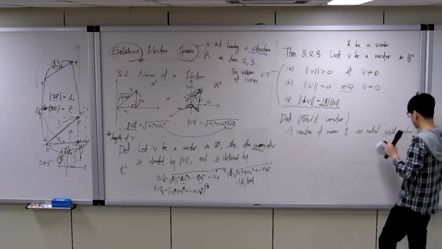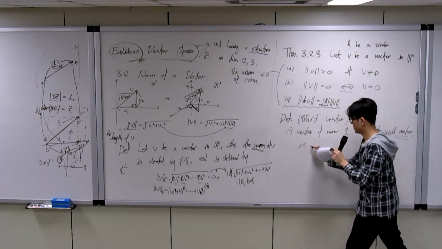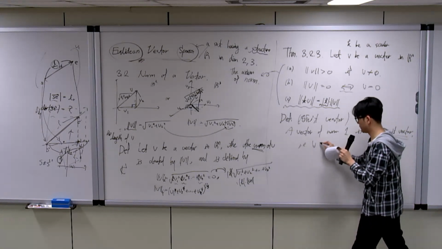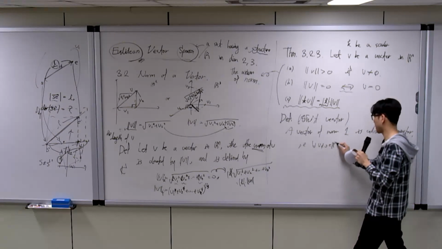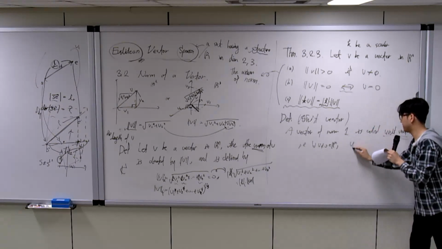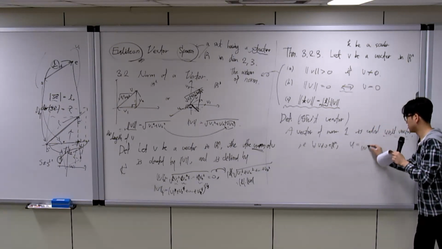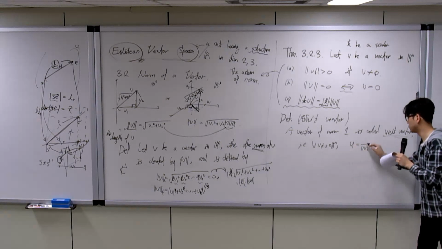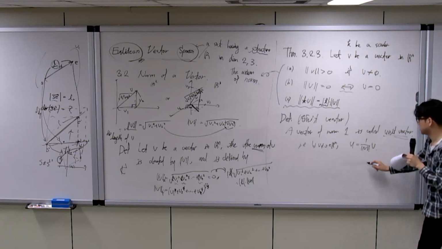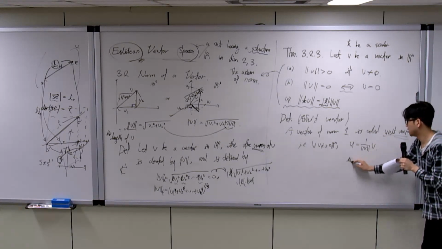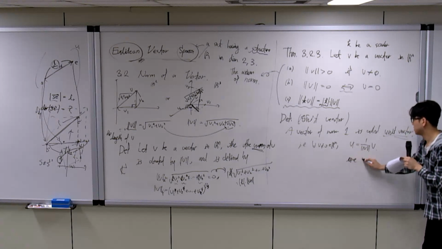And so for every non-zero vector v in R to the n, if you define the vector u by using the norm of v, then these are unit vectors.